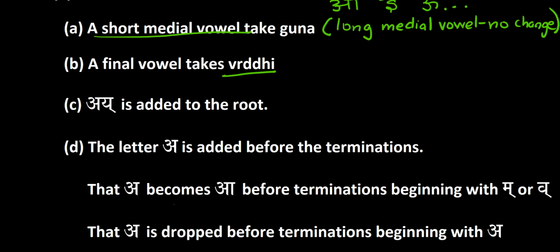Those are usually the first person terminations. Then the a is dropped before the terminations beginning with a, and that's usually the third person plural, which is anti.